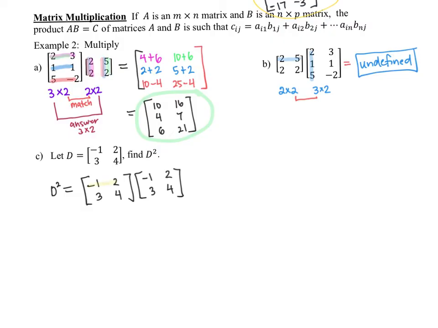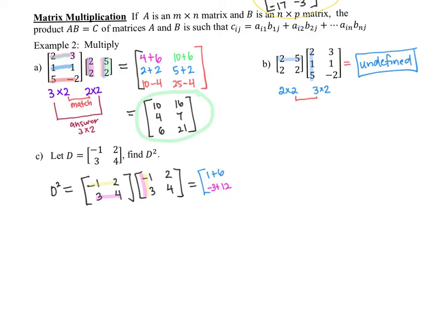So row 1, column 1 equals 1 plus 6. Okay, and how you organize yourself is kind of up to you. I think I'm going to go row 2, column 1. Row 2, negative 3 plus 12, and I do ask you to show this one little step.